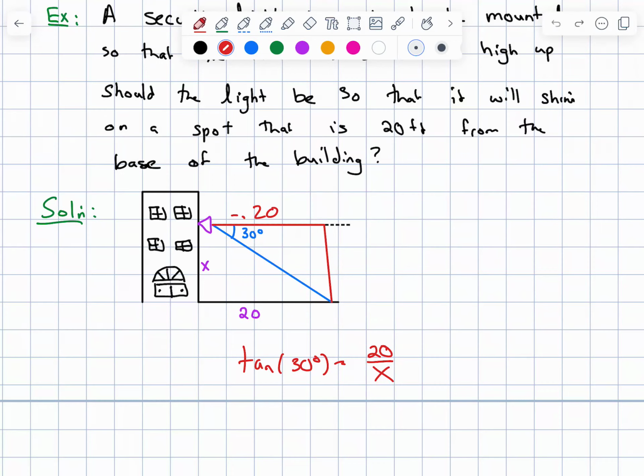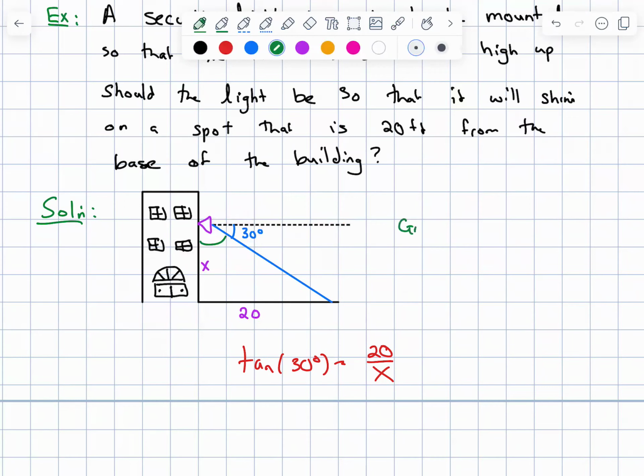The way I would like to do it is to find this angle measurement. This is forming a right angle, so this whole thing should be 90 degrees.